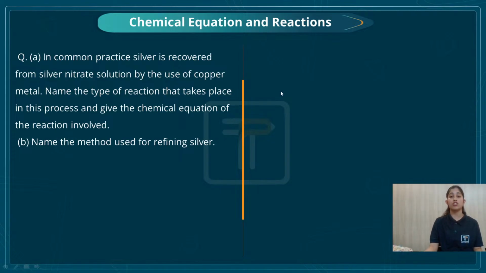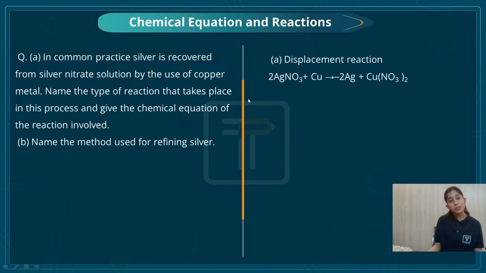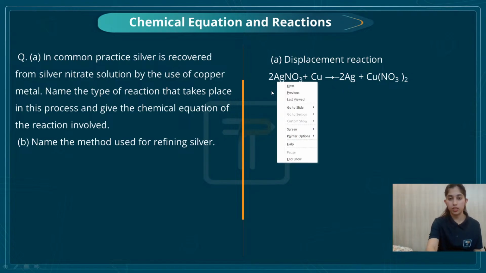I told you, every time you are going to have a question from this reaction. It is a displacement reaction. Then give the chemical reaction involved. It is simple. Silver nitrate when it reacts with copper gives you. Give me a moment, everyone.